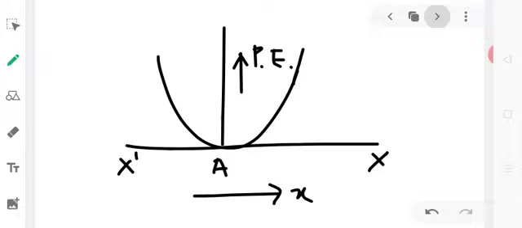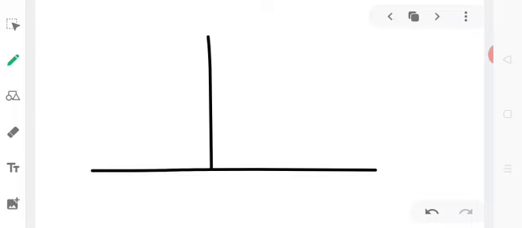If we want to show the variation of potential energy and kinetic energy for change in distance, then we can show it in this manner.